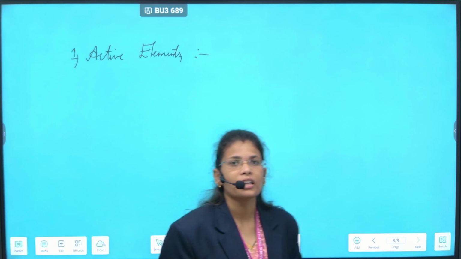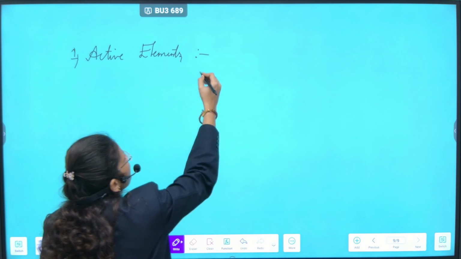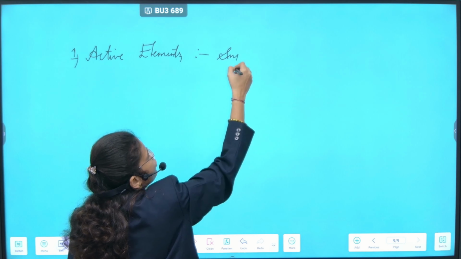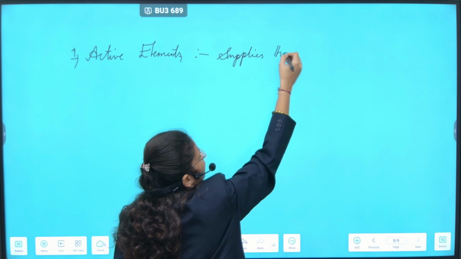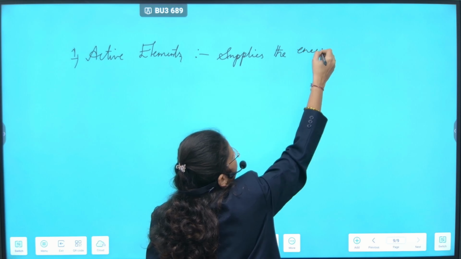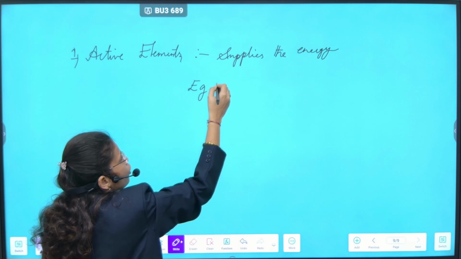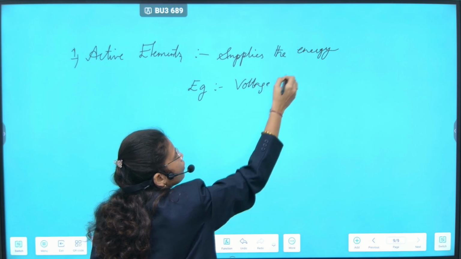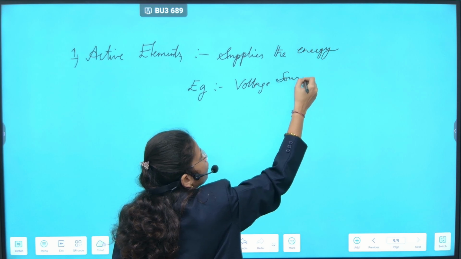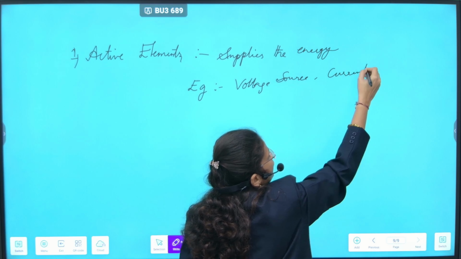Active elements are the elements which supply the energy. Examples are energy sources like voltage source and current source, which supply the energy.